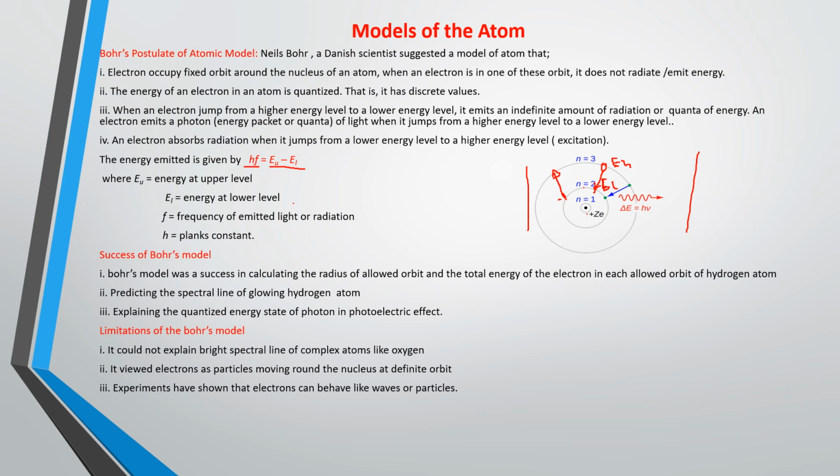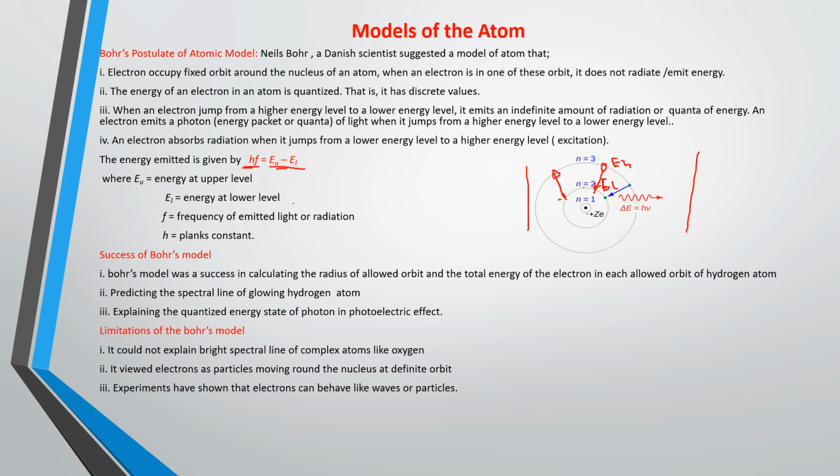Planck's constant has a value. So this is the quantity of energy emitted when an electron moves from a higher energy level to a lower energy level. Okay, so please take note of this and take note of Bohr's model of the atom.